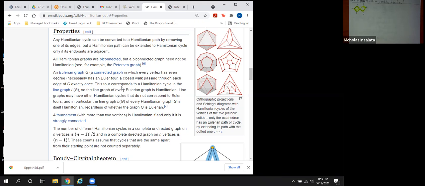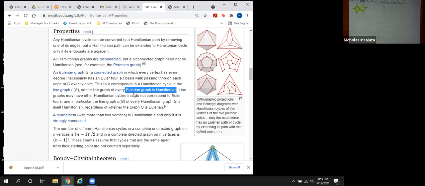That will give you a Hamiltonian circuit, right? So every Eulerian graph is also Hamiltonian, but you could have a Hamiltonian circuit without it being Eulerian. It's like a square is a rectangle, but a rectangle is not necessarily a square.